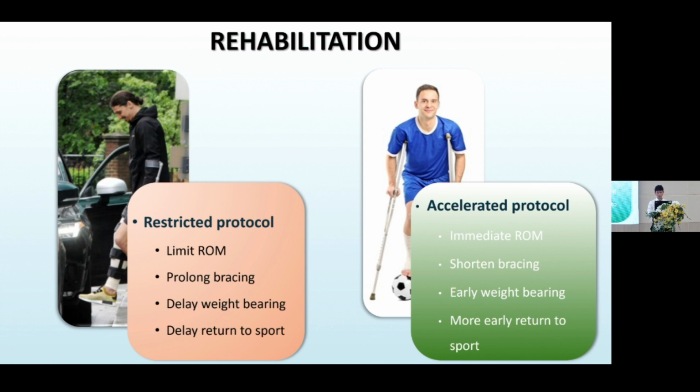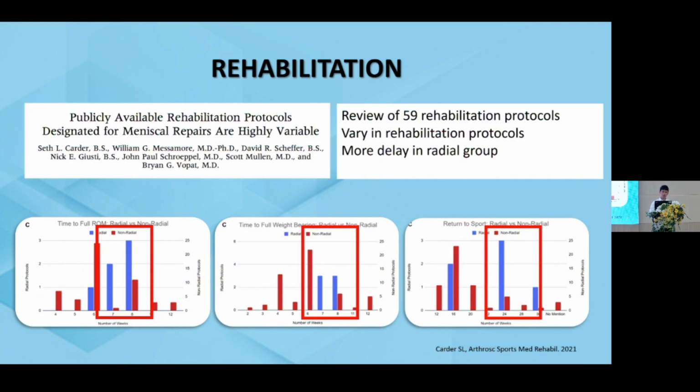But in the radial tear or root tear, the biomechanics are changed, so the rehabilitation protocol varies, but usually delays range of motion, weight bearing, and return to sport.